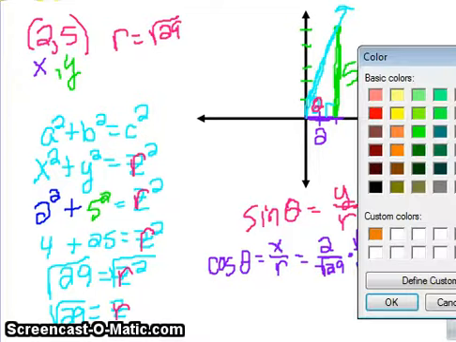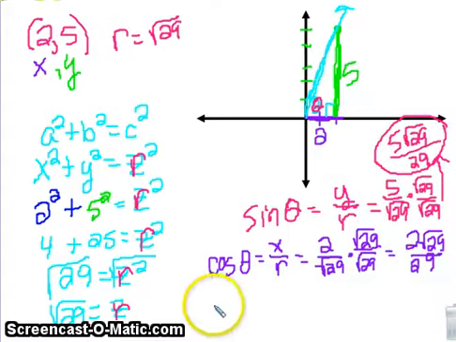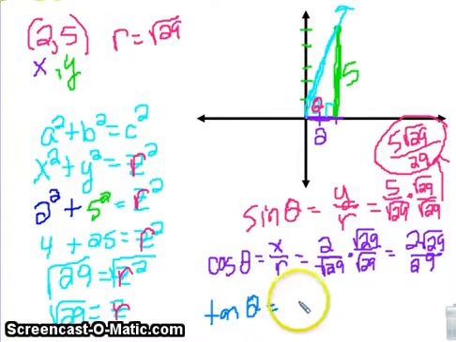Jacob, what is my y coordinate going to be? Or pardon me, what is my tangent going to be? Okay. And x and y and r, what is that equal to? So what's my y coordinate?